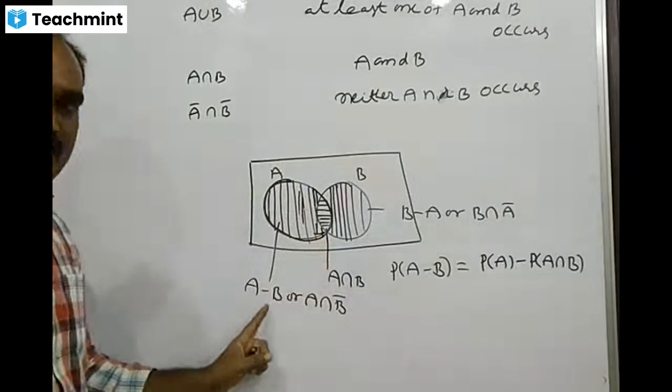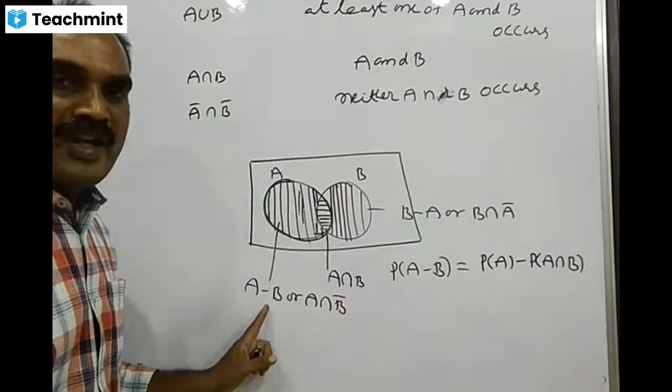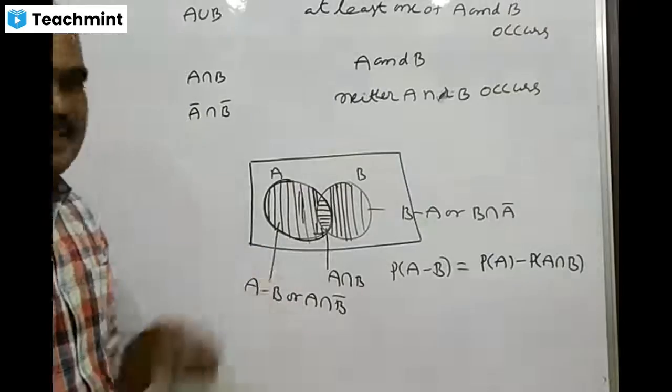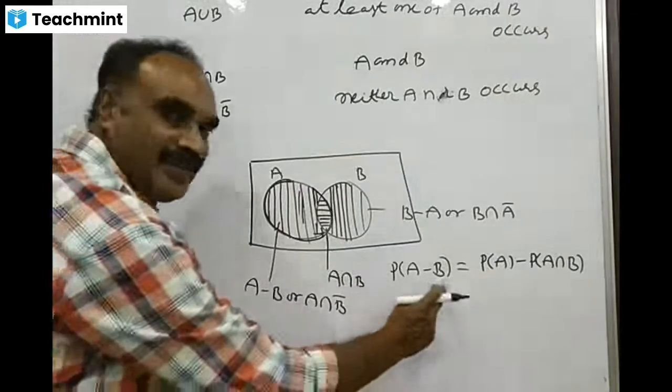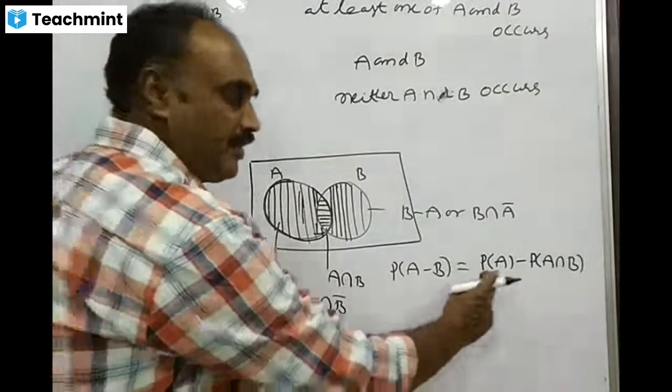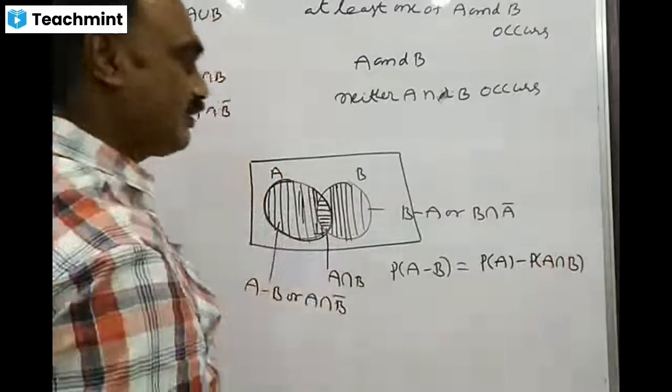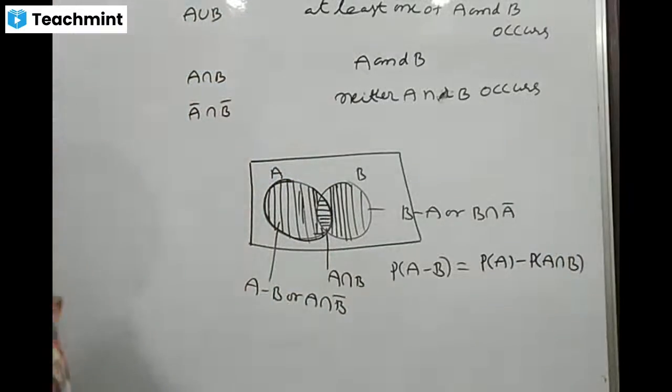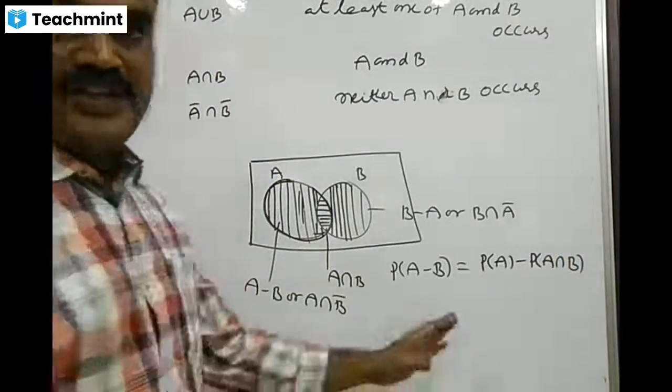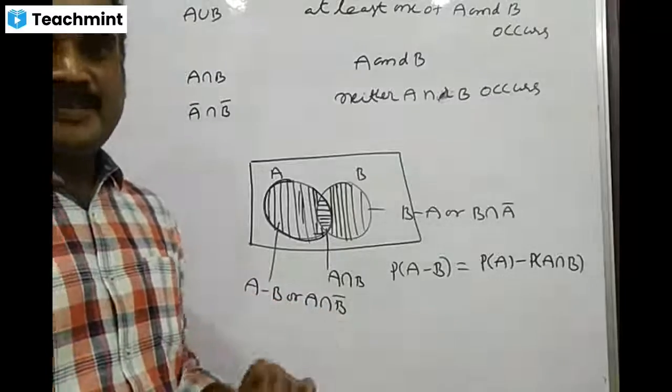Therefore, P of A minus B is equal to P of A minus P of A intersection B. Have you understood or not?